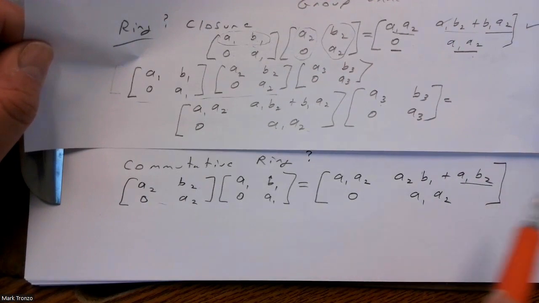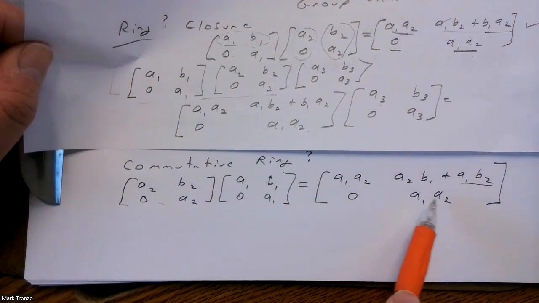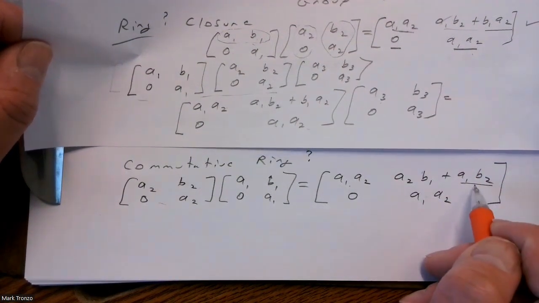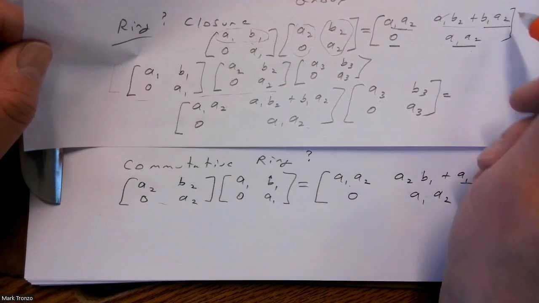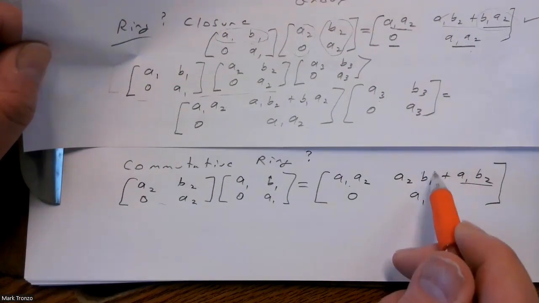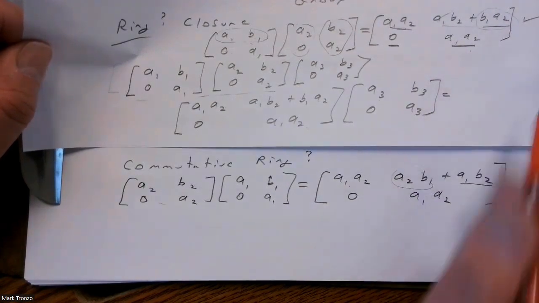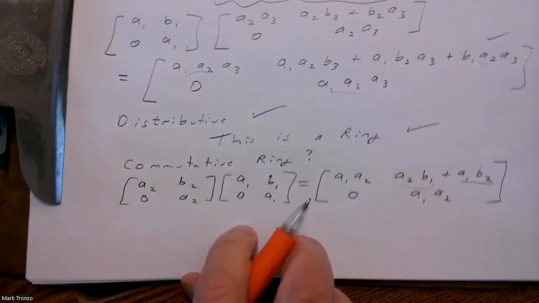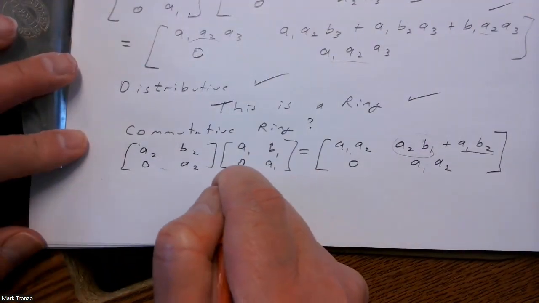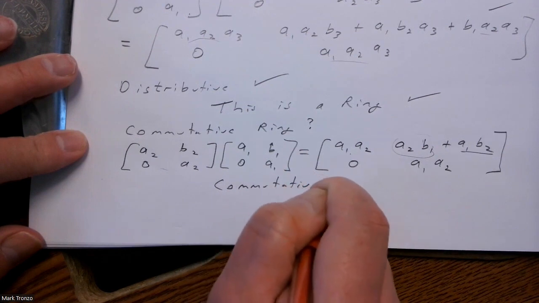And we have a1 a2, a1 a2. Again, because real numbers commute, a2 b1 is the same as b1 a2. So it looks like they do commute because we did it in general. So this is a commutative ring.